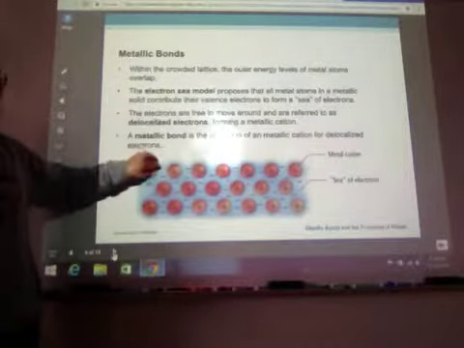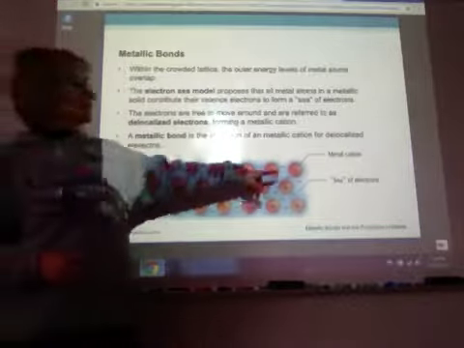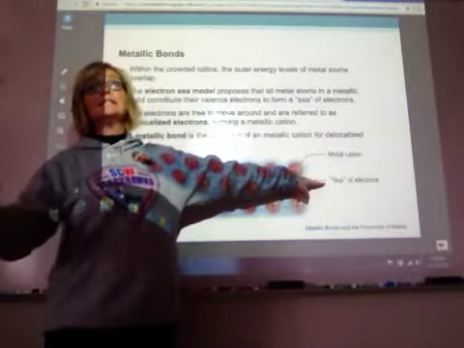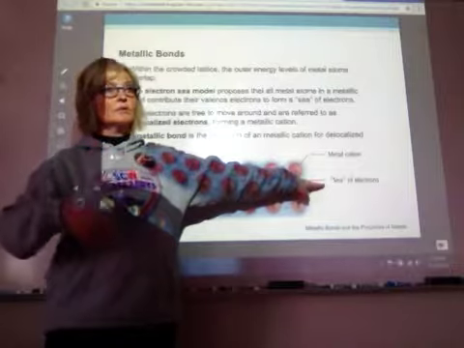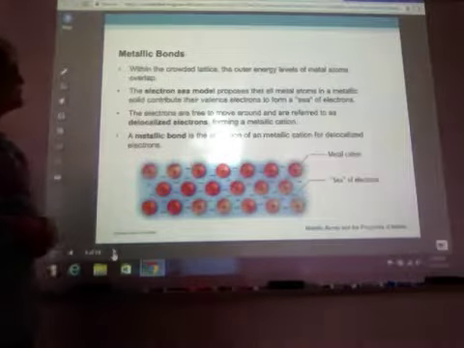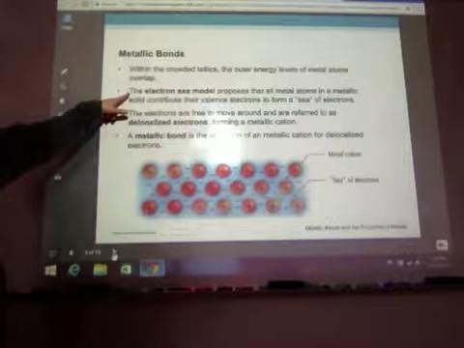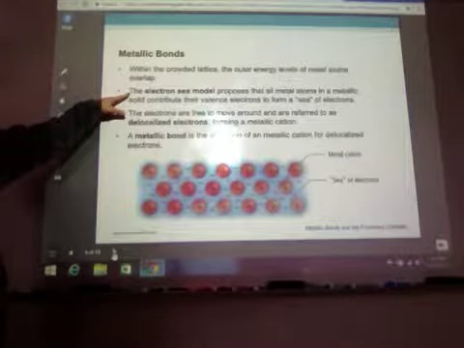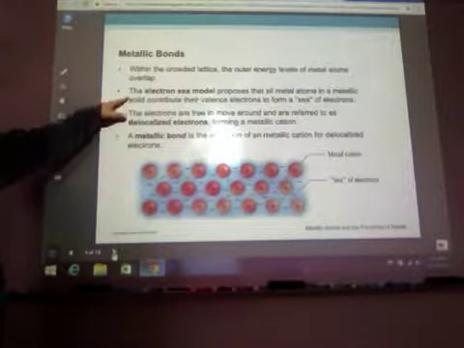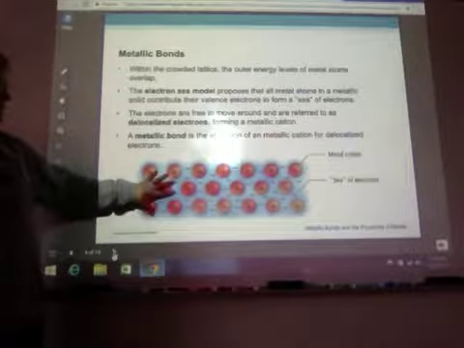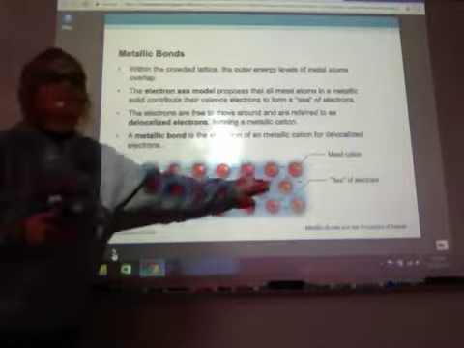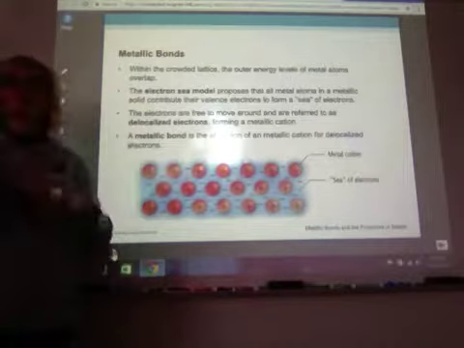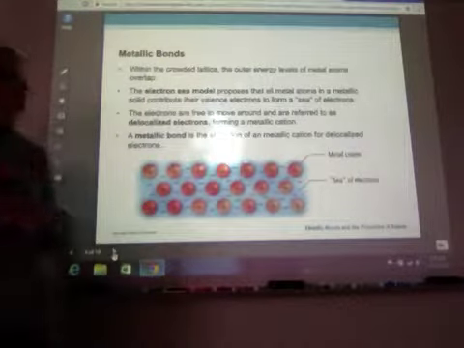So they don't stay in place quite so much, and therefore they're called a sea of electrons because they can move around from one place to another. So the electron sea model proposes that all the metal atoms in a metallic bond or a metallic solid contribute their electrons to this full sea of electrons, and those electrons can move wherever they want to go.